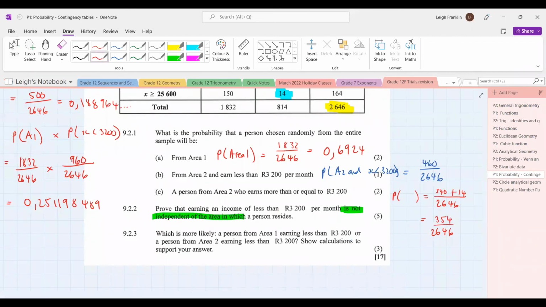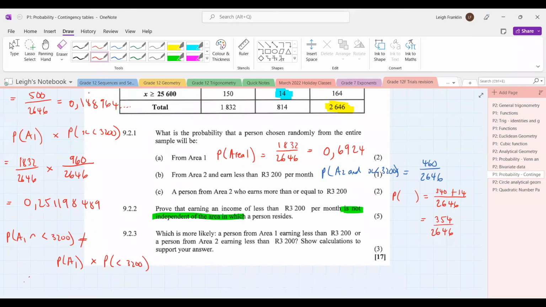So the probability of someone being from area 1 and earning less than 3,200 Rand a month is not equal to the probability of someone being from area 1 multiplied by the probability of them earning less than 3,200 Rand a month.